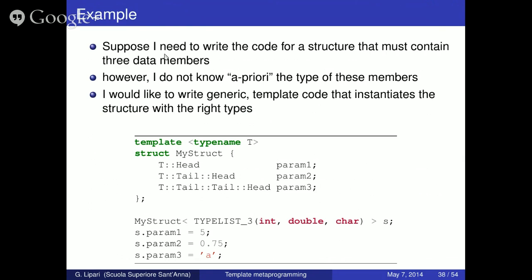Okay, now suppose I need to write the code for a structure that must contain 3 data members, but I do not know a priori the type of these members. I would like to write generic template code that instantiates the structure with the right types. So I want a structure which is passed a type list, and then the first parameter is the first element in the type list, the second parameter is the second element in the type list, and so on.